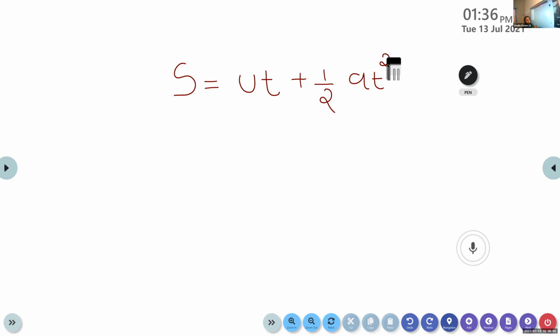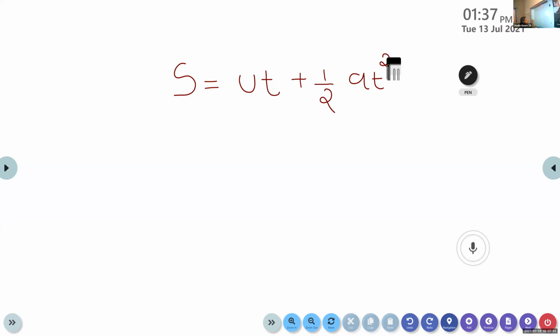In order to check whether the equation is correct or not, we have to apply one principle, known as the principle of homogeneity. What does the principle of homogeneity state? Sarah, can you state the principle of homogeneity? An equation is correct if the dimensions of the various terms on either side of the equation are the same.